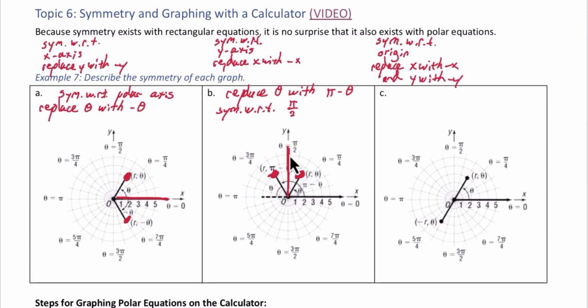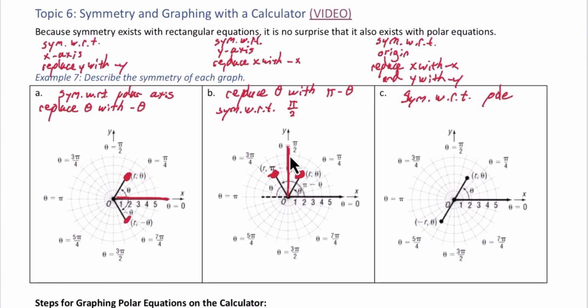And if we get an equivalent equation back, then we know we have symmetry about the origin. And now in the polar world, we're looking at symmetry with respect to the pole, which again is essentially the origin.